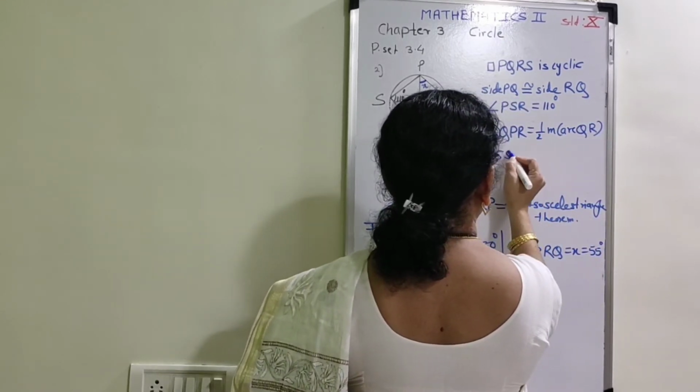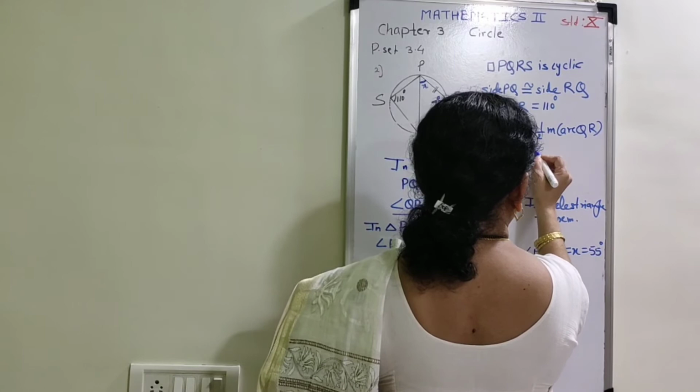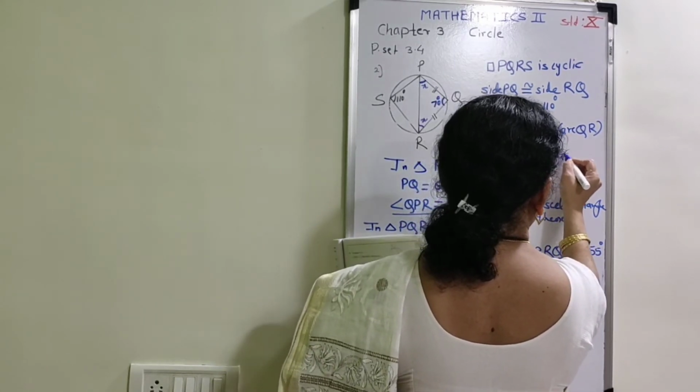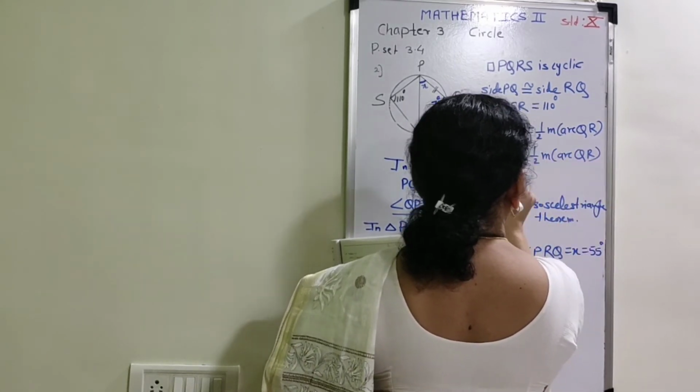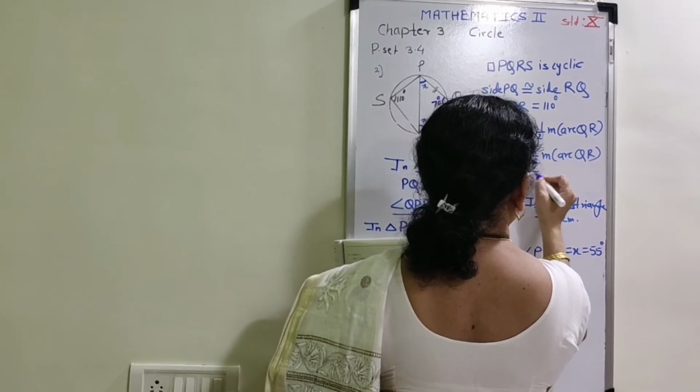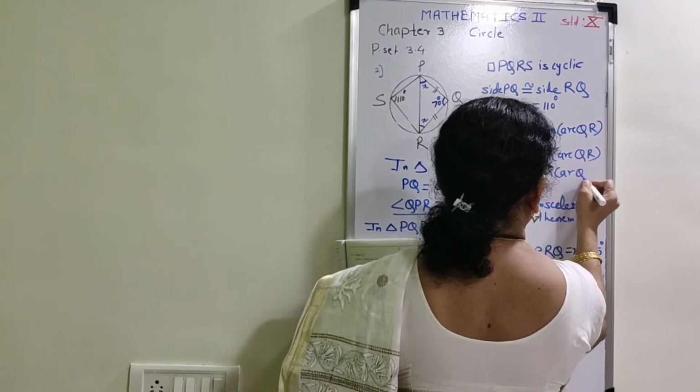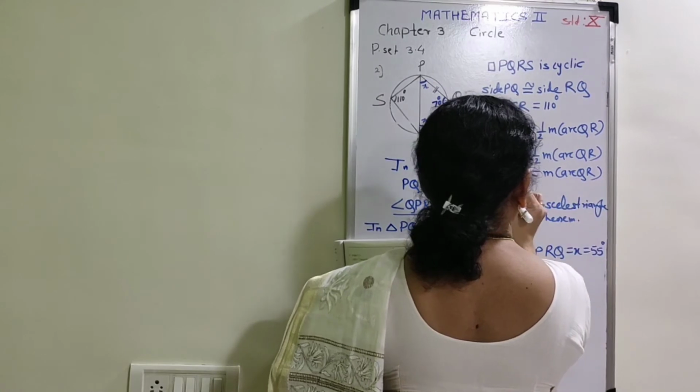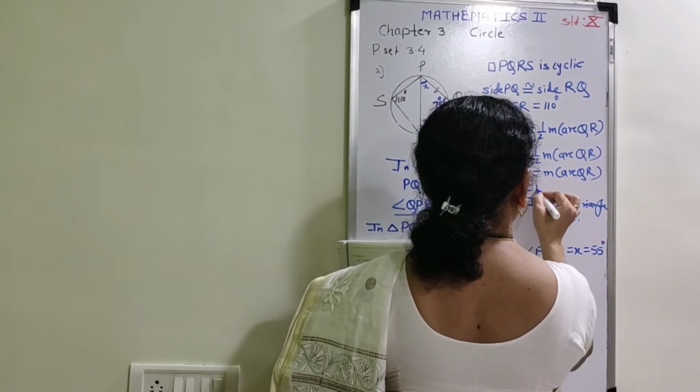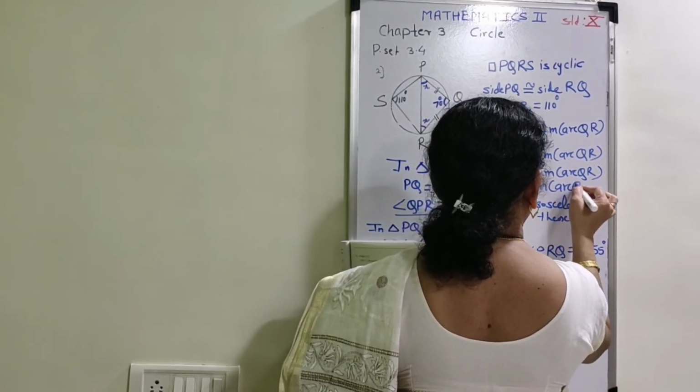We have found that this angle is 55. Half of measure arc QR, that is 55 into 2 is measure arc QR, 110 degree, that is measure of arc QR.